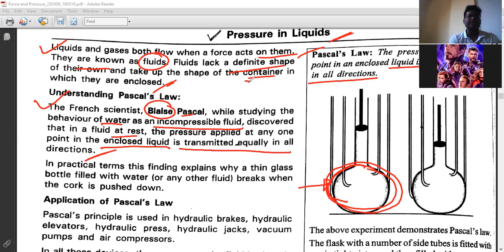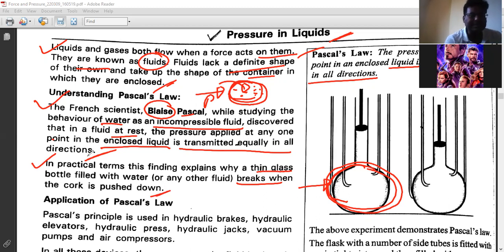Suppose a sphere is filled with water, and when we apply pressure, the effect of this pressure will be transmitted in all directions of this container. In practical terms, this finding explains why a tiny glass bottle filled with water breaks when the cork is pushed down, right?